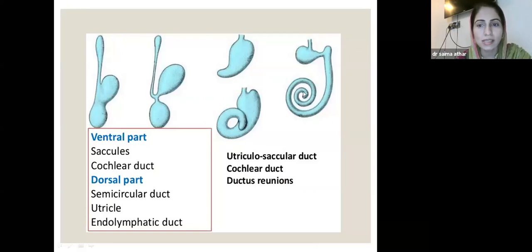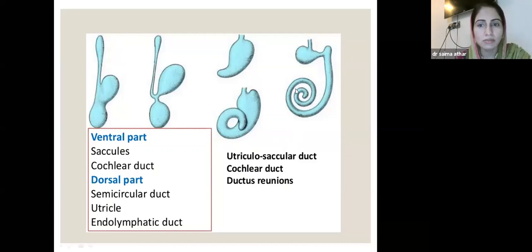This growth is as if you have watched the cartoon Cinderella. The fairy changes the pumpkin into the carriage. There is the formation of the wheels of the carriage in this form. So slowly and gradually, like a sprout, the cochlear duct is coming out and making 2.5 turns. These 2.5 turns will form the cochlea.